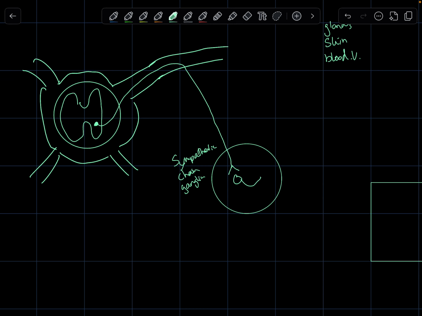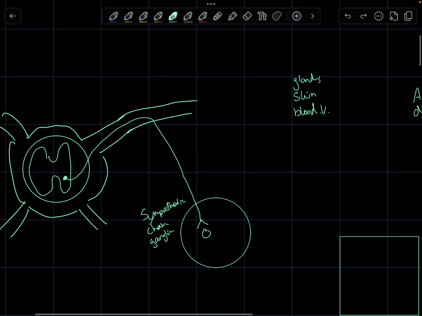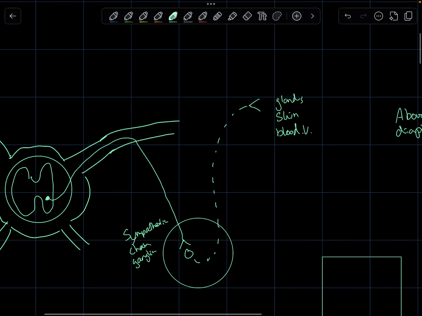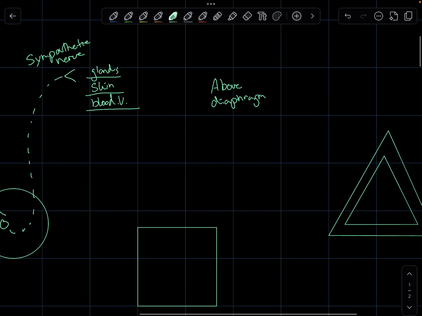Synapse is here, and then it will go to the site where it needs to go. And this turns into a sympathetic nerve, and that will target glands, skin, and blood vessels, really. Anything on like the very most superficial portion of your body.